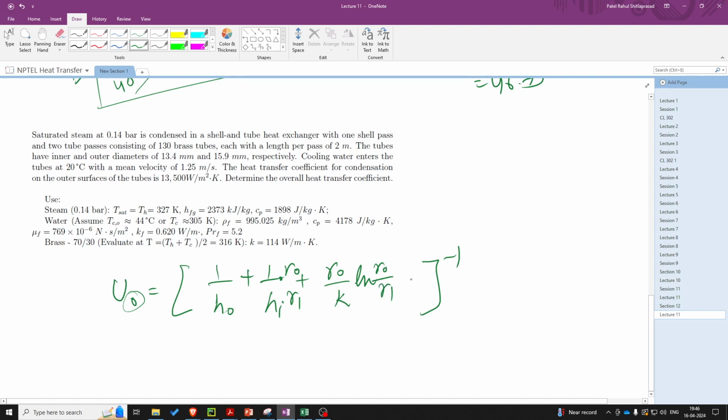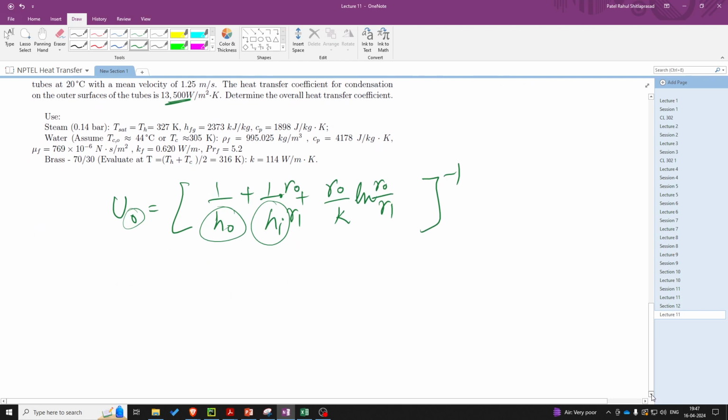Now, in the given question, we have been given the heat transfer coefficient for condensation on the outer side of the tube, but we don't have Hi, the tube side heat transfer coefficient. For that, we can calculate it using the Nusselt number correlation. But in order to use that, first we need to calculate the Reynolds number.